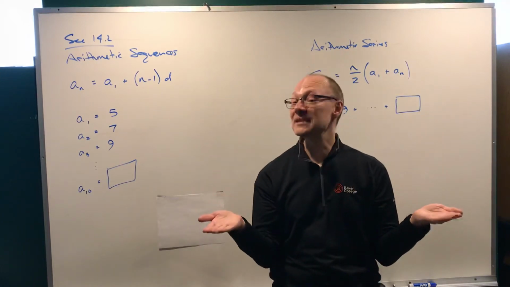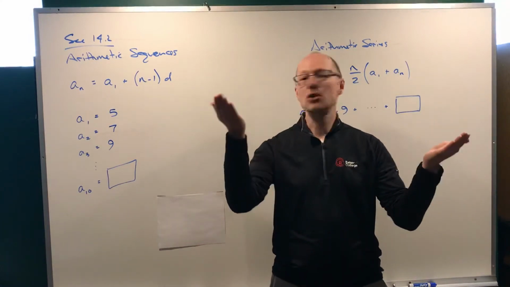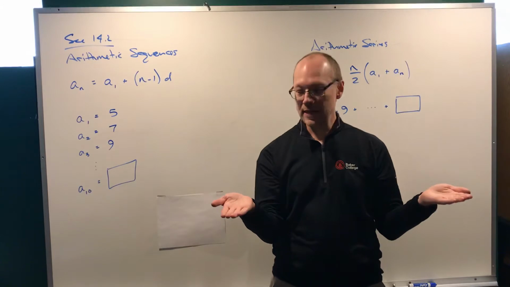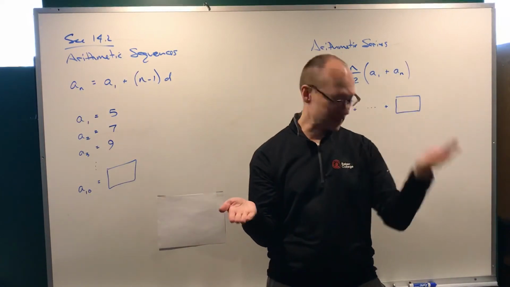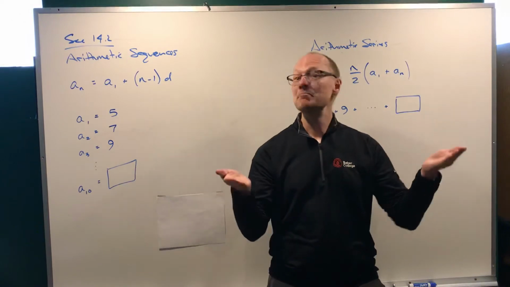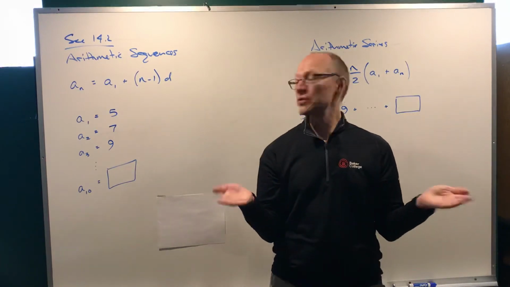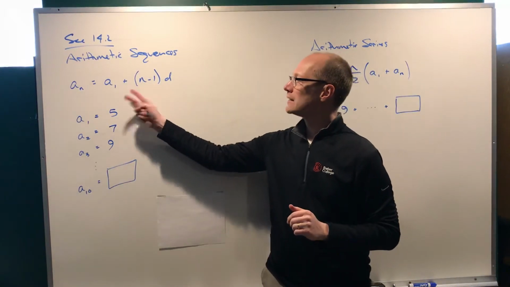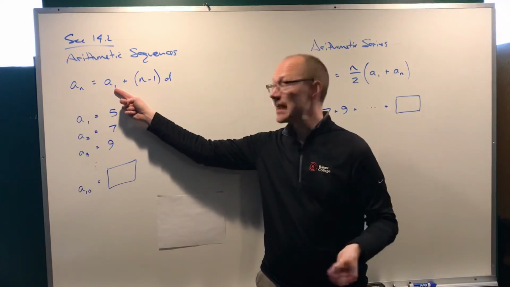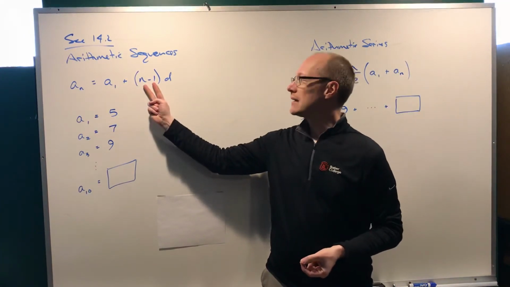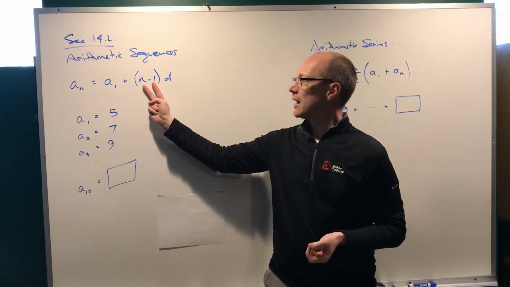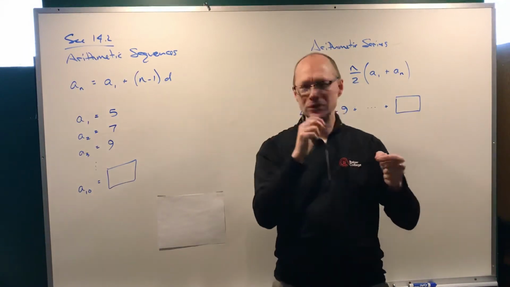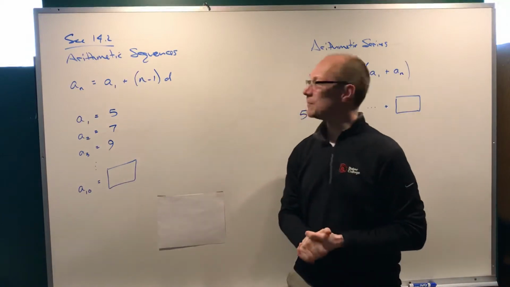The answer is not 10. You're already at 1. How many more steps do you need to take to get to 10? 9 more, right? So that's why there's always a 1 less. Whatever steps you've taken, you don't take that many more. You don't count those, you've already taken them, right?